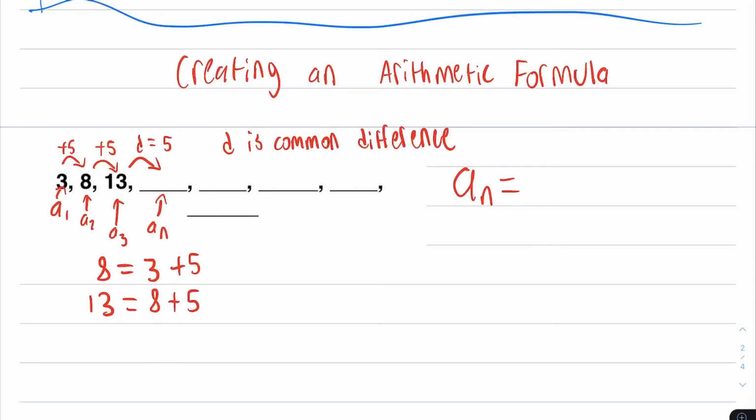All right, so we can see that in common with these, we have a plus 5. And it seems like the new one, each time on the left, we have a new term, and it's going to be equal to the old term plus 5.